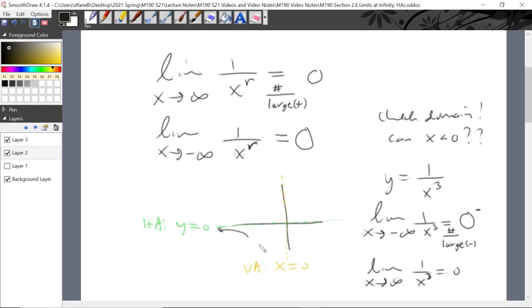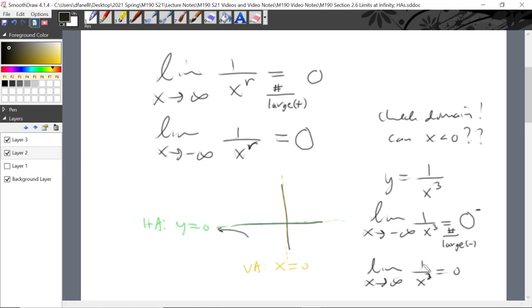Remember, it's okay, functions in general, this one won't, but functions in general can cross their horizontal asymptotes. The idea is that the horizontal asymptote is telling us where the function is heading as it goes off to the left or as it goes off to the right. Take a look how this goes off to the right.